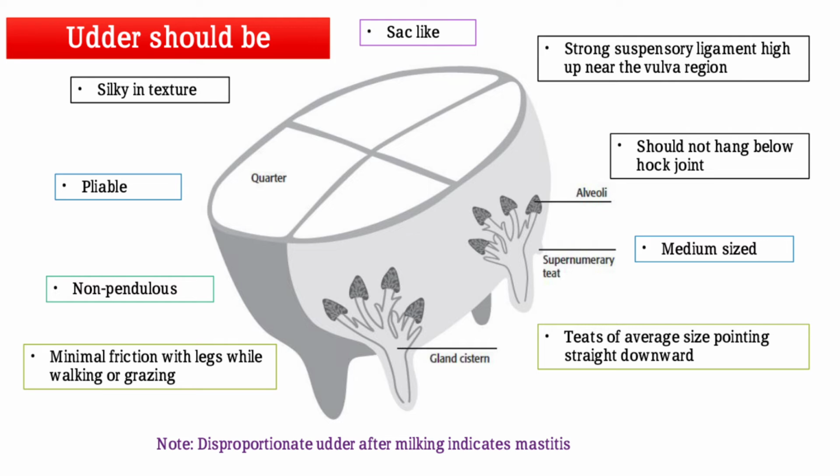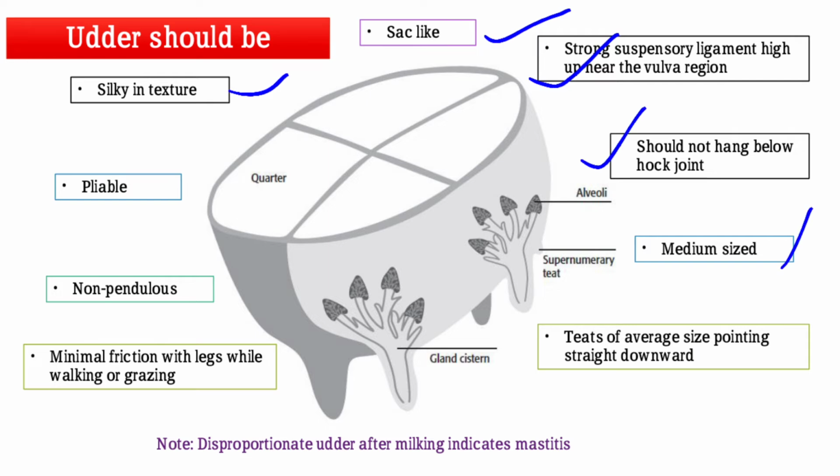If you are going to select dairy cattle, then what characteristics of the udders should you know, and how do you determine that this cow is highly productive from the milk point of view? You just have to know that the texture of the udder should be silky, sac like, with a strong suspensory ligament high up near the vulva region, and it should not hang below the hock.